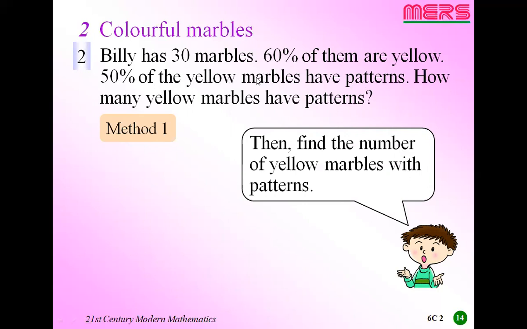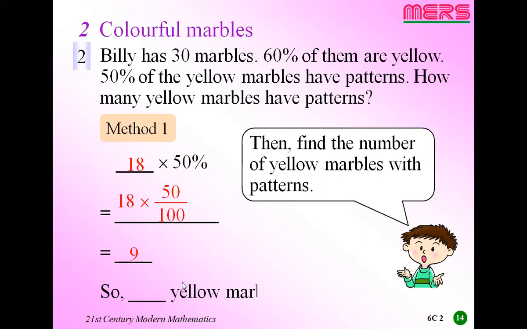You have to be careful. Here, 60% of them means the total number of marbles, 30 marbles. And 50% of the yellow marbles have patterns, where the number of yellow marbles is 18. So this time, you say 18 times 50%. So we can find inside the 18 marbles, 9 of them have patterns.